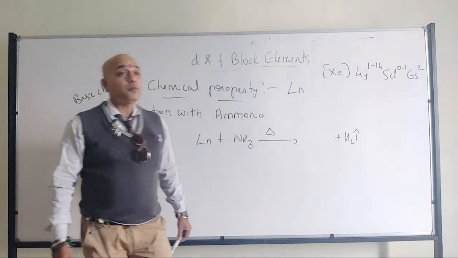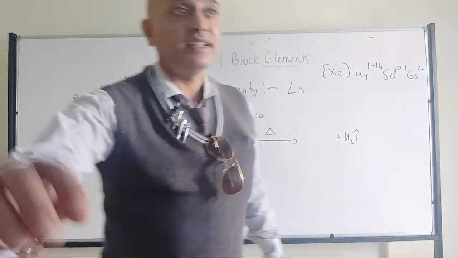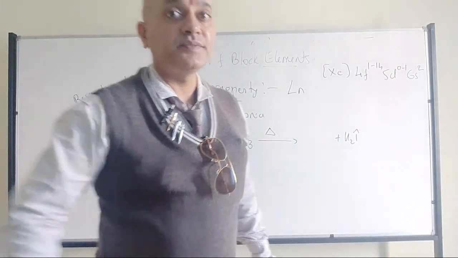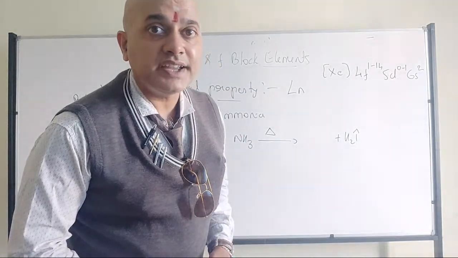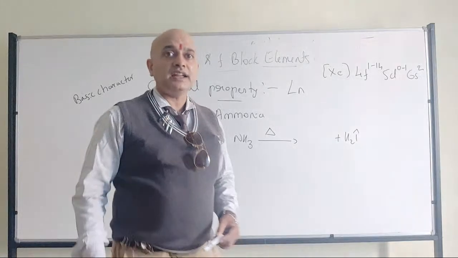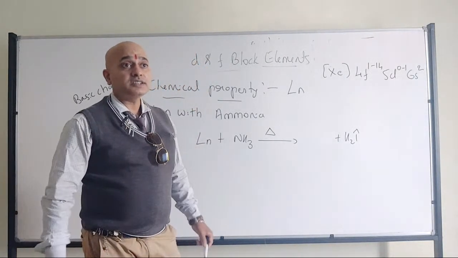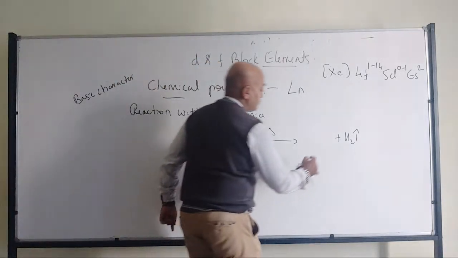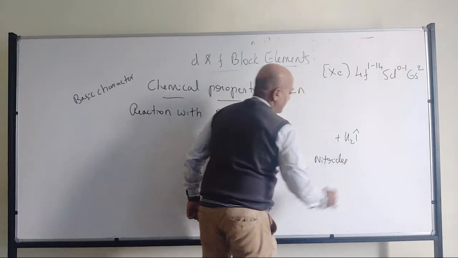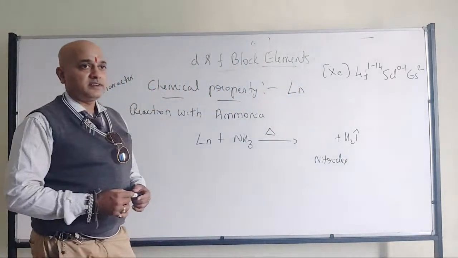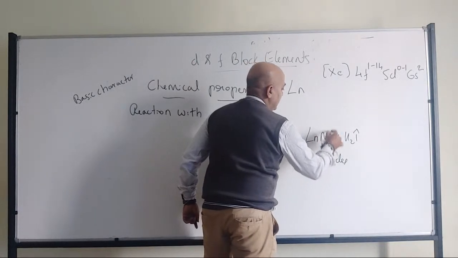Now when I am talking about nitride, what is the oxidation state of nitrogen in nitrides? Shashank had given the answer, right? Respective nitrides will be formed. So that means the formula will be Ln.